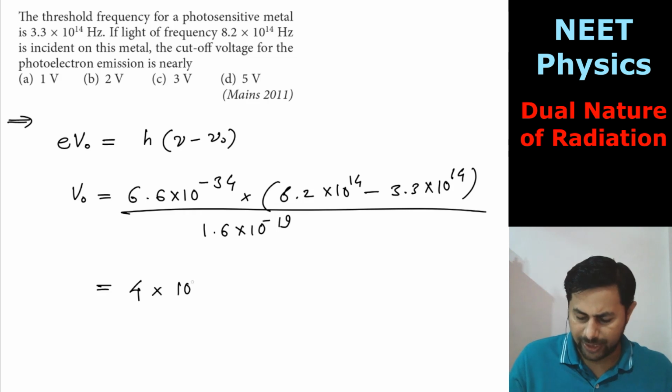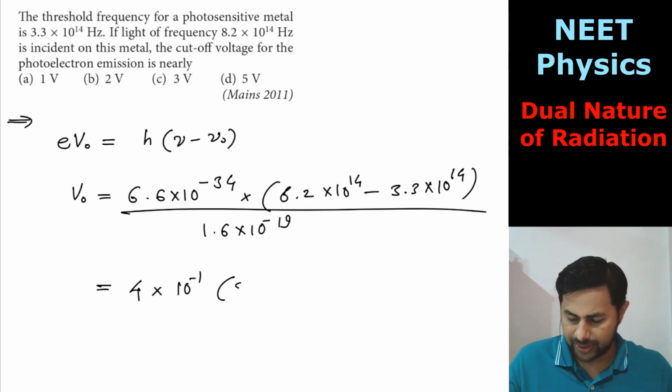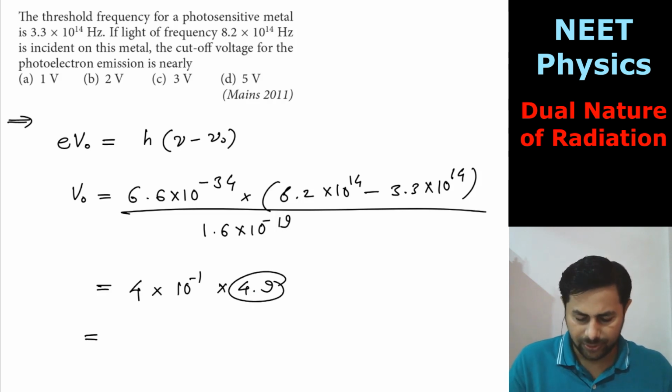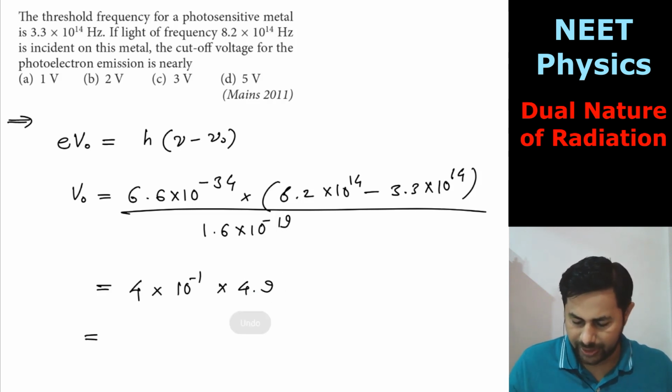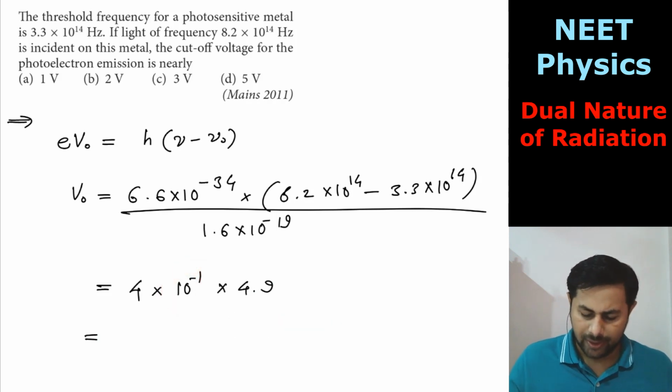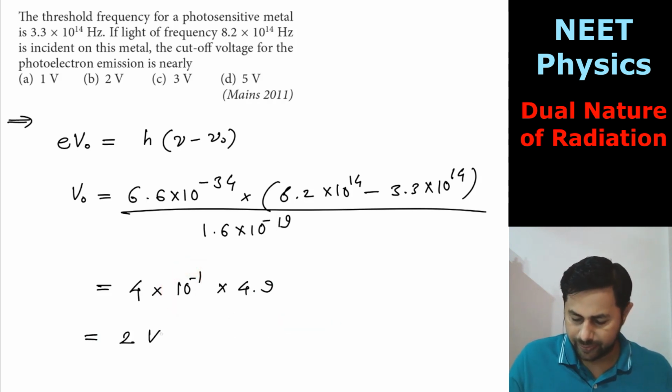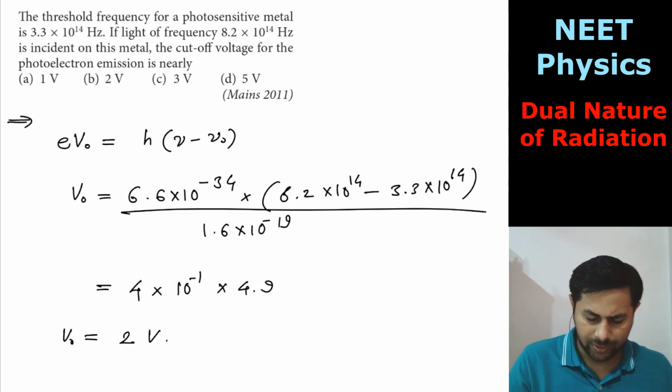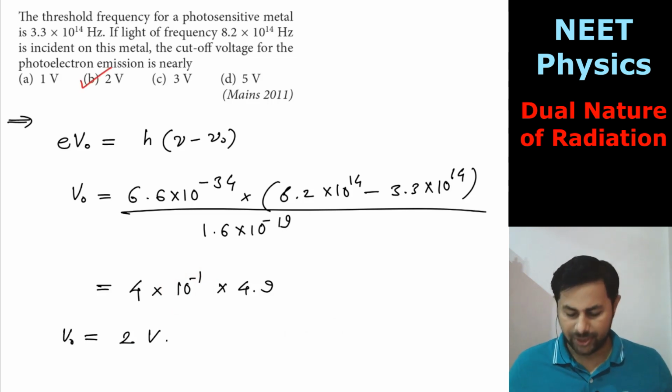Then 8.2 minus 3.3 gives you 4.9, so nearly 5. 5 times 4 is 20. So 20 times 10 raised to minus 1 means 2. Okay, so it's option B. Check my calculation. Okay, tell me.